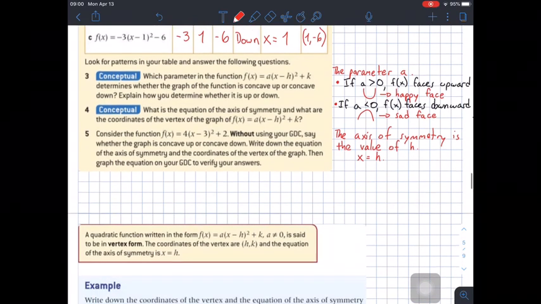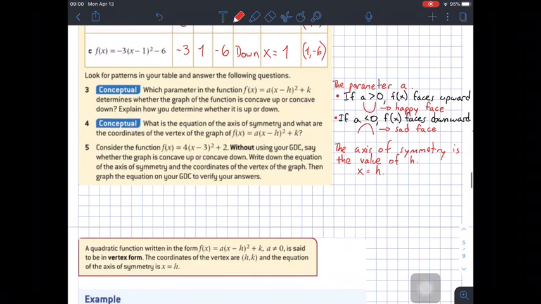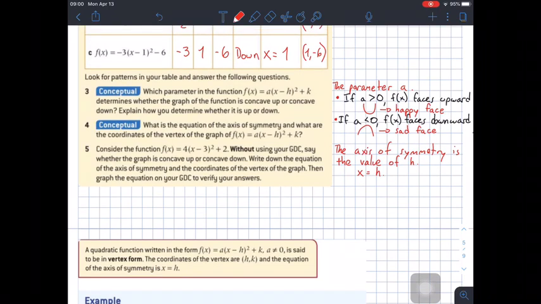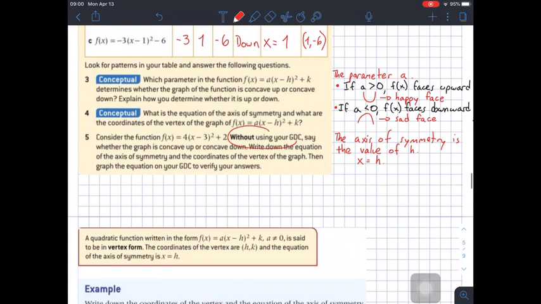Okay, and finally for number 5, it says consider the function f of x equals 4 (x - 3) squared plus 2. Without using your GDC, say whether the graph is concave up or concave down. So first of all, is this one concave up or down? It's concave up because this value is positive.